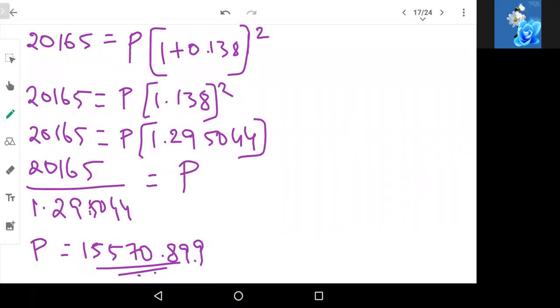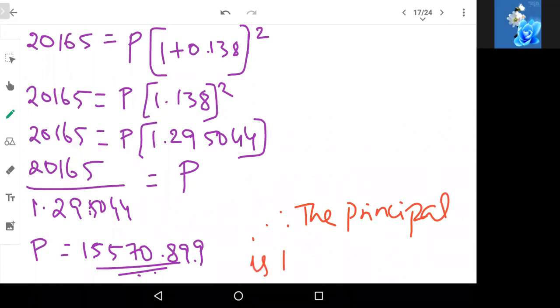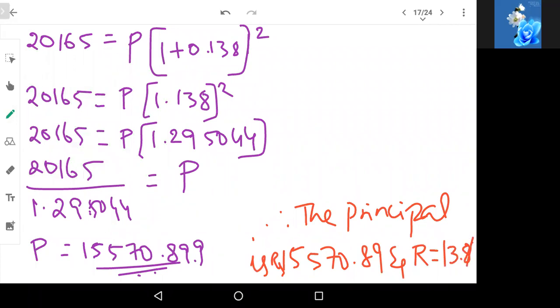So therefore, the principal is 15,570.89 rupees and rate of interest is 13.8%. So they had asked us to find the principal and rate of interest and we found both of them.